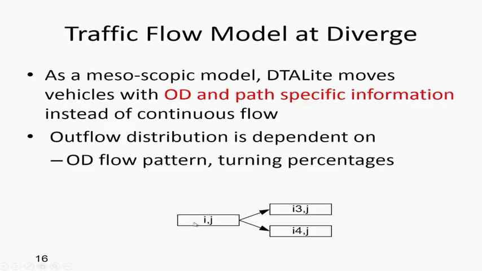They might use some spatial distribution artificially, just split the outflow, say 75% to mainstream, 25% to the off-ramp. But for our agent-based representation in the DTALite, we can move those agents directly based on their path. So the number of agents moving downstream to the mainstream and off-ramp are deterministic based on the agent-specific attributes.